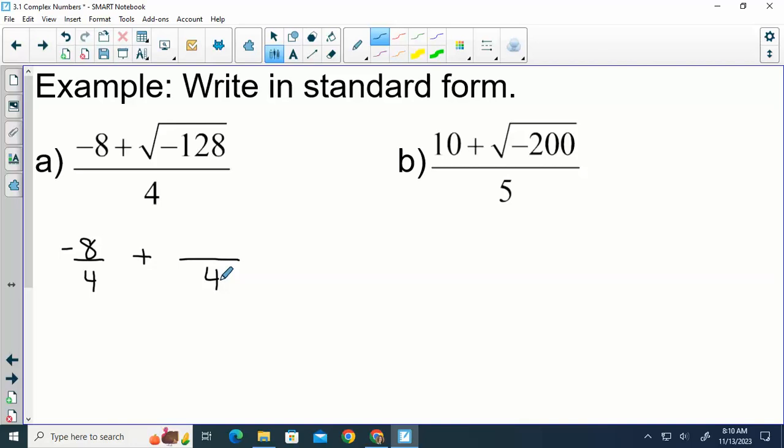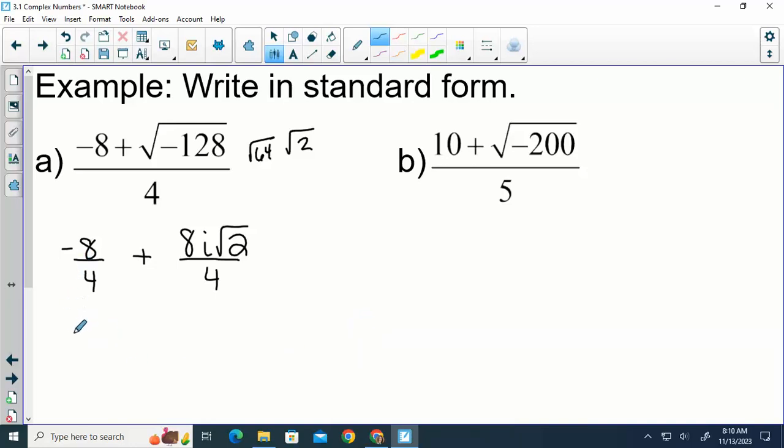Because of the negative, we have to take out i. Okay, then 128. Are there any perfect squares that go into that? 64. So the square root of 64 is 8. So we get 8i radical 2.